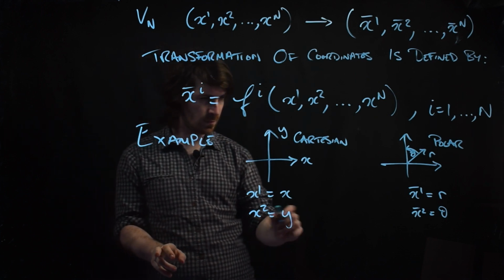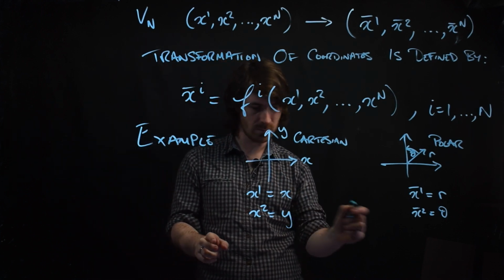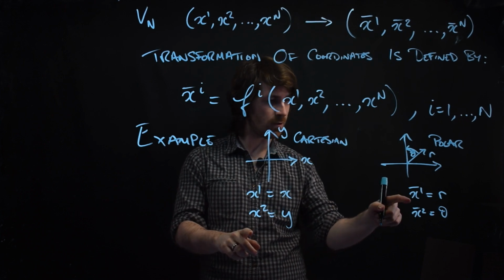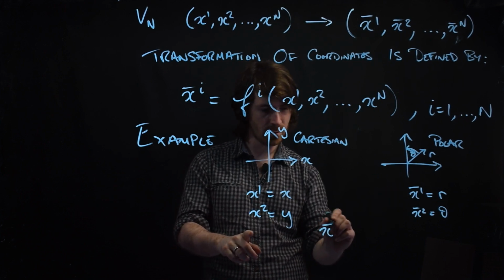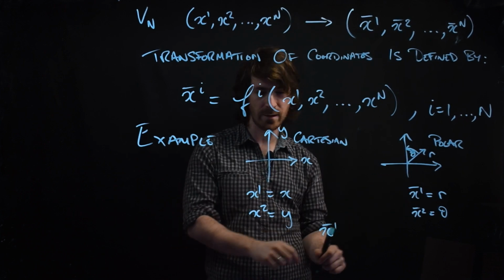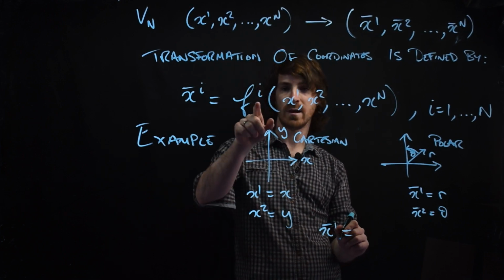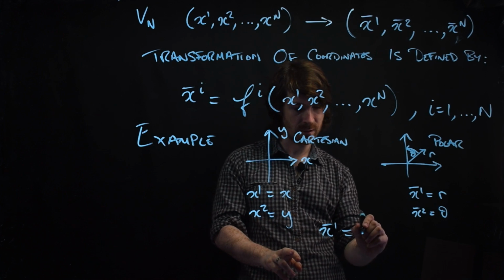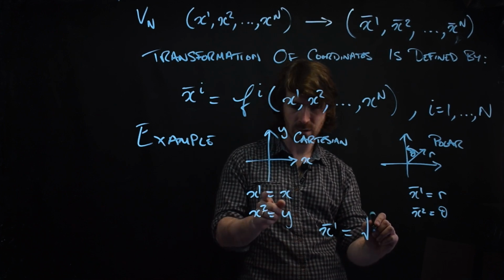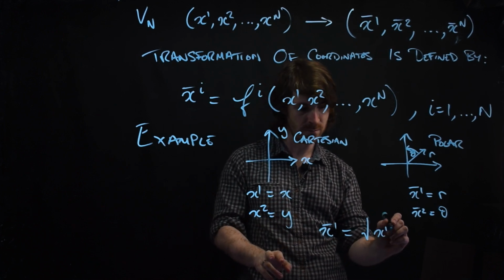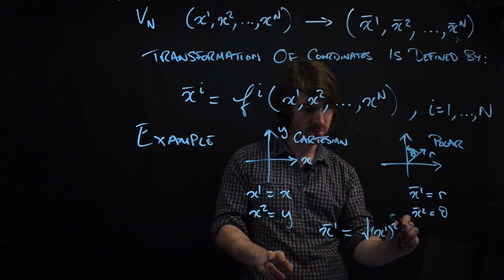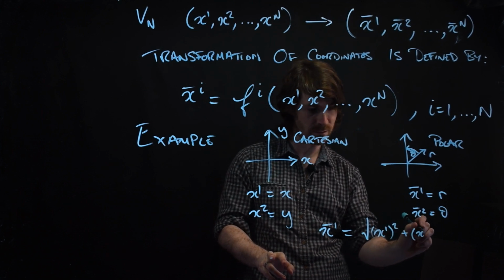And you know you can do this, so let's write our x1 bar, r, in terms of x and y. So the function here, this f, is just simply the square root of our first coordinate squared plus our second coordinate squared.